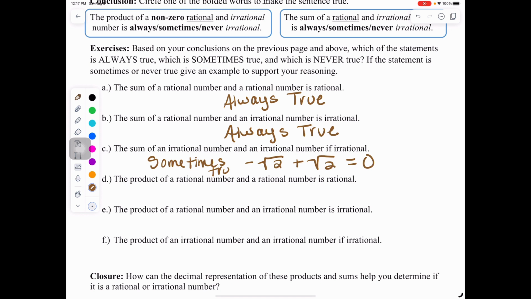I'll put true here. All right, D, the product of a rational number and a rational number is rational. So that's rational times rational, which was actually the very first investigation number 1, the first chart we did on the left. We always got rational. So this one is always true.